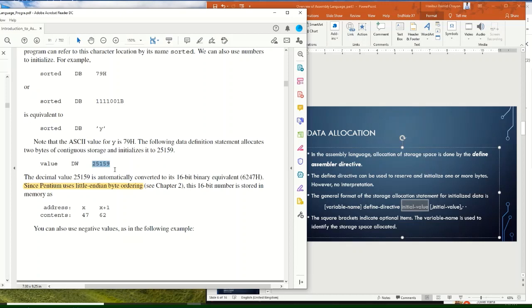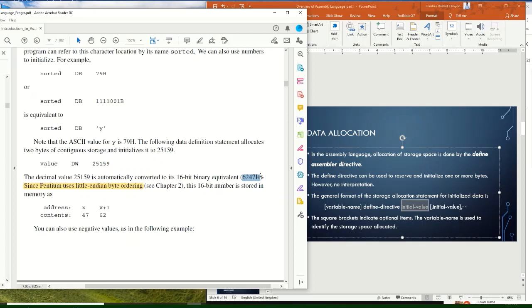The equivalent of this 25159, by the way, just an example of a decimal value, is this hexadecimal number 6247. Okay, 6247.